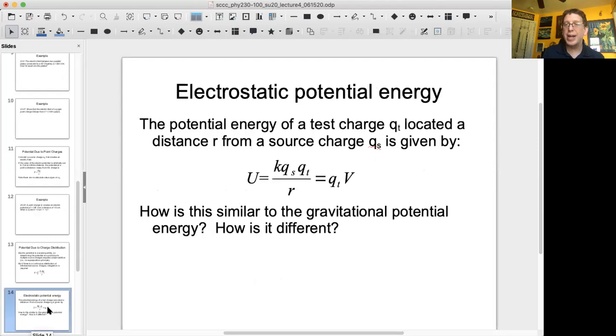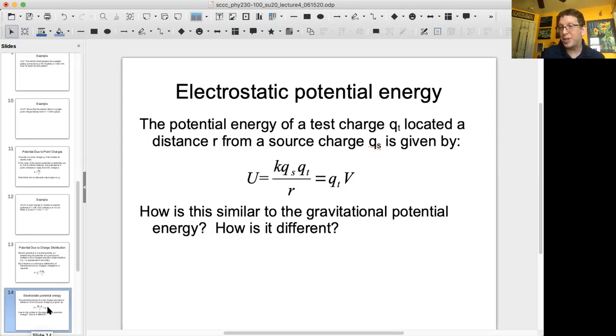You can also write this as the test charge multiplied by the electric potential at the point where the test charge is. The second version applies universally. So if you've already figured out the electric potential at a given point, you put a test charge at that point, you multiply the test charge by the potential, and you get the potential energy at that point.